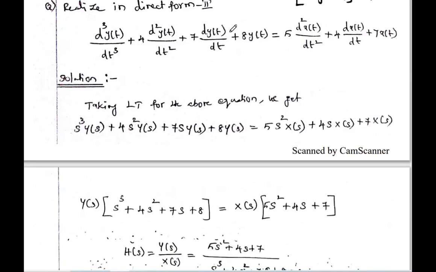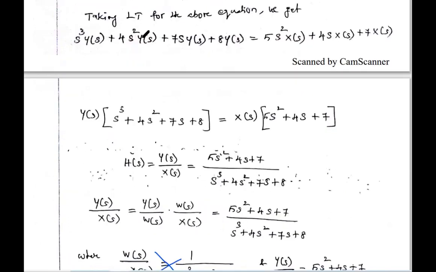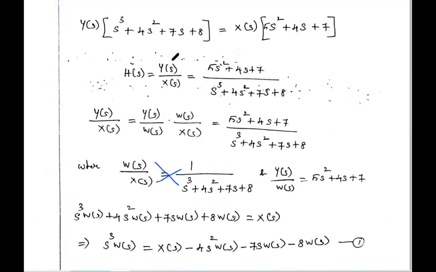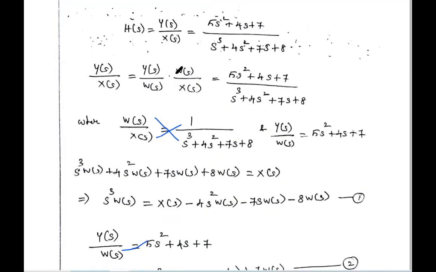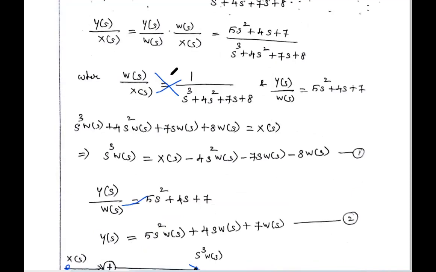For the time domain equation, we have to apply the Laplace transform. We have to find the Y of s by X of s equation. After that, Y of s by X of s is split as Y by W and W by X. Y by W is the numerator, W by X you take as 1 by the denominator, and you have to cross multiply.